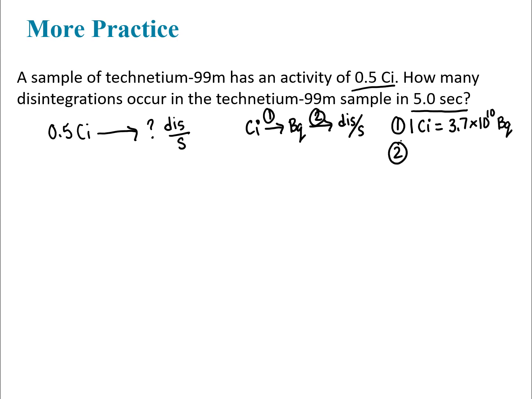For the second one, I'm just going to simplify it because it'll take a little bit less room. 1 becquerel is the same as 1 disintegration per second. It's the same thing as on the other slide, okay? So let's do that part first. So this is figuring out our activity in disintegrations per second.